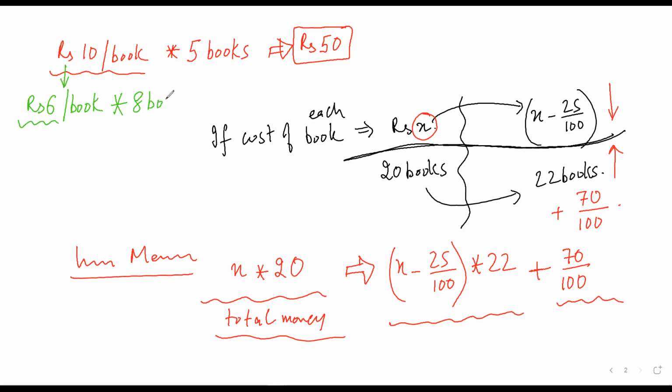You will be able to buy 8 books. What will be the amount that you will be spending? 8 into 6, 48 rupees, sir. And how much money would be left? 2 rupees.